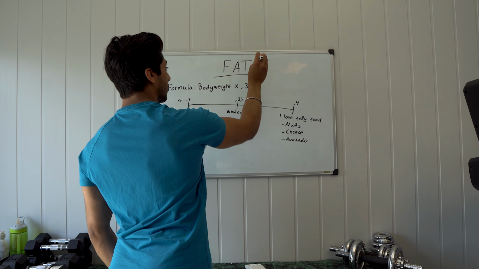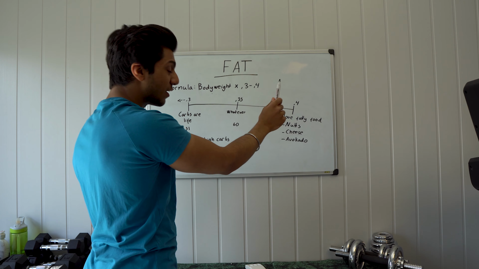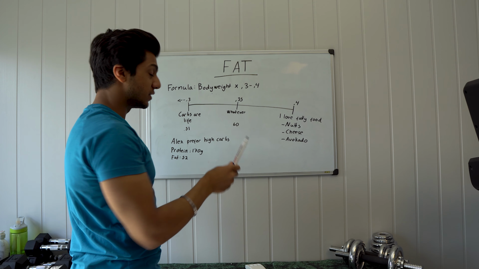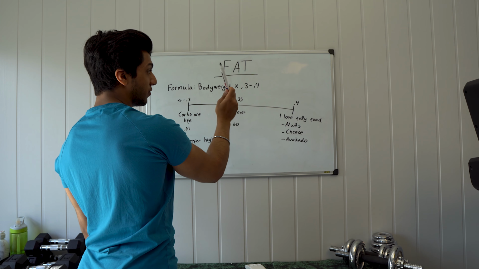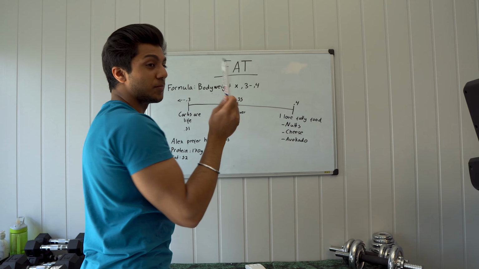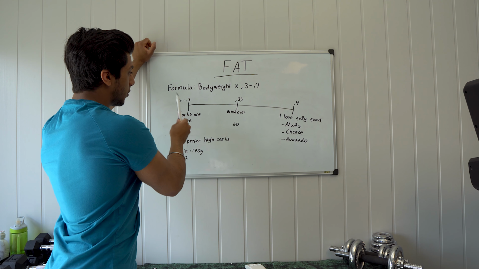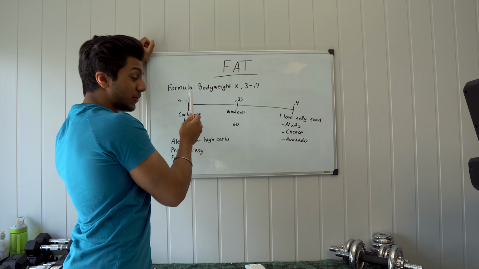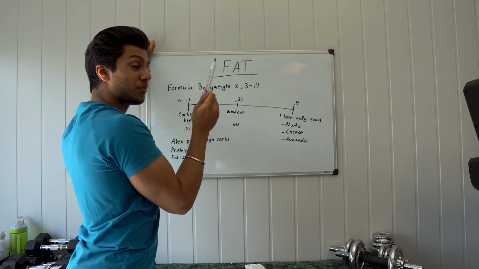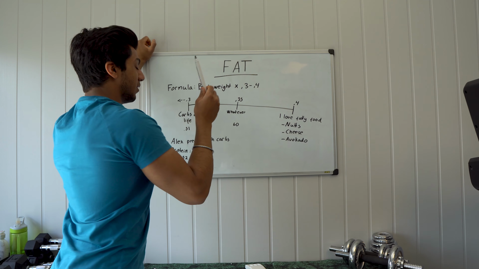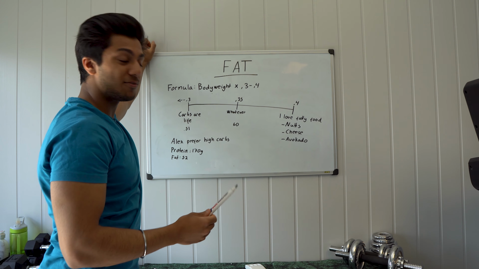We're on our 3rd point, that's fats. The formula we're going to use is body weight times 0.3 to 0.4 grams per pound. So if you're going to have 0.3 grams per pound, you love carbs, carbs is life.